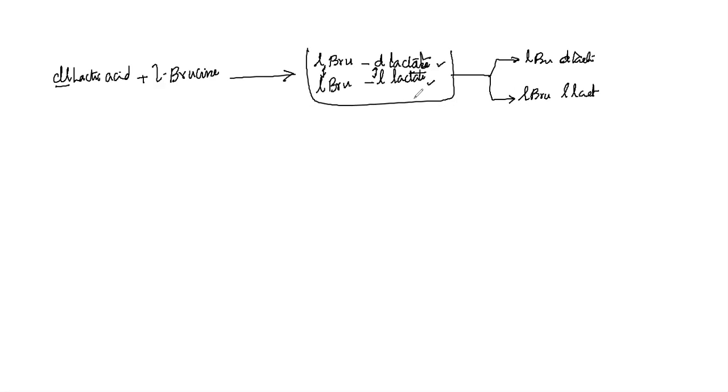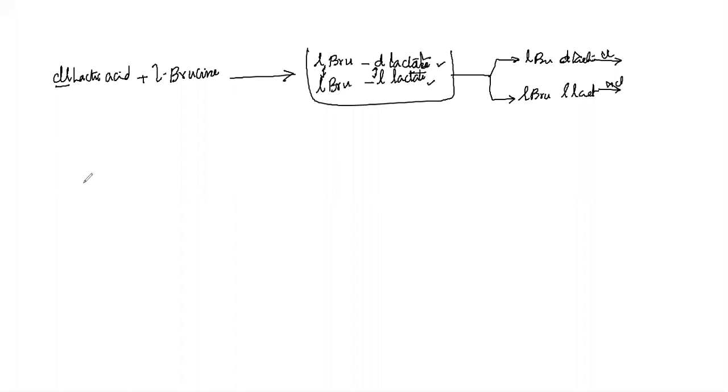So you have separated them. Then you take them separately and add HCl. You will get lactic acid separate. Is that clear? From the first, you will get D-lactic acid. From the second, you will get L-lactic acid.